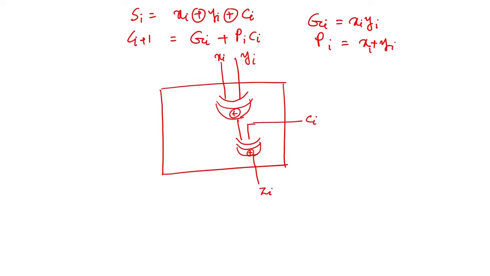Now, what you have to do? You have to generate the G I. So, what is x I y I? You can take here x I y I is nothing but this, so this will be G I. And what is next? P I. What is P I? P I is x XOR or OR y, right.